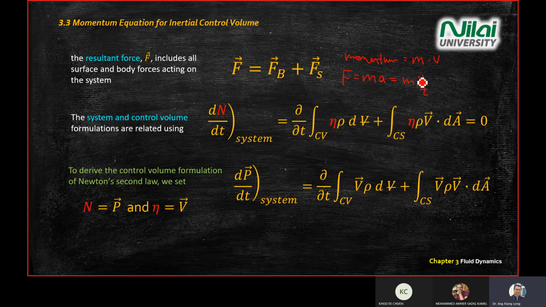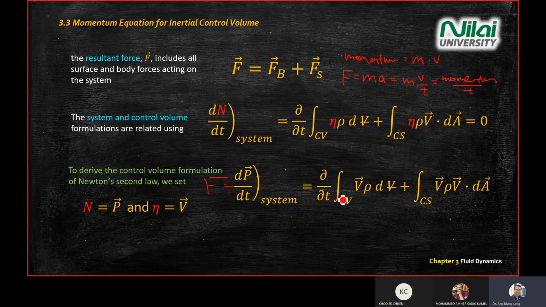So when we take the product of mass and velocity here, we get momentum. Momentum divided by time gives us force. That's why we can use this equation. Momentum divided by time equals force.